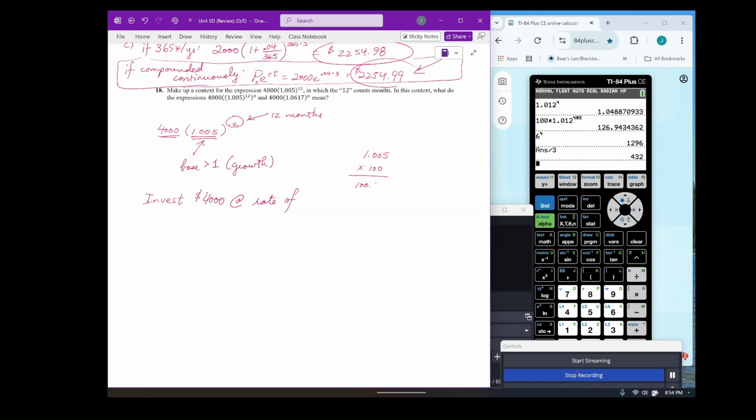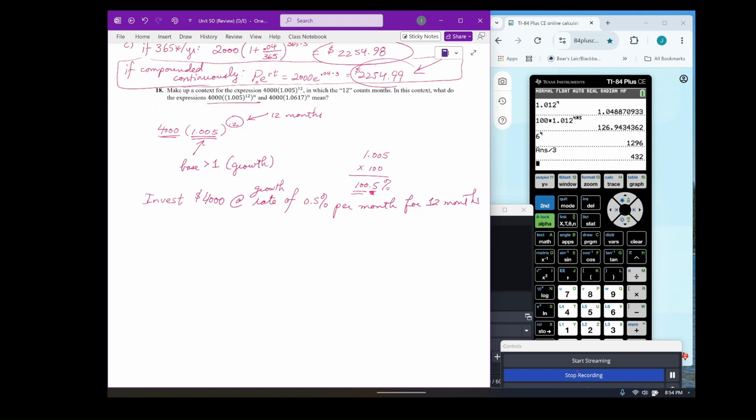So it's 100.5. But that 100 is the original percent, and the 0.5 is how much it grew by. So at a, we'll say, growth rate of 0.5% per month for 12 months.